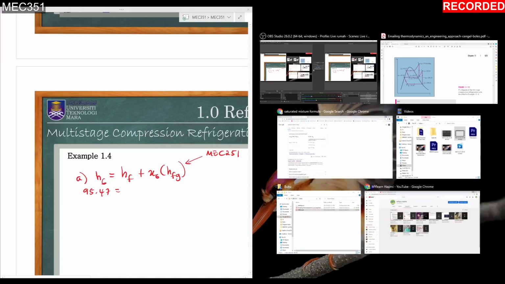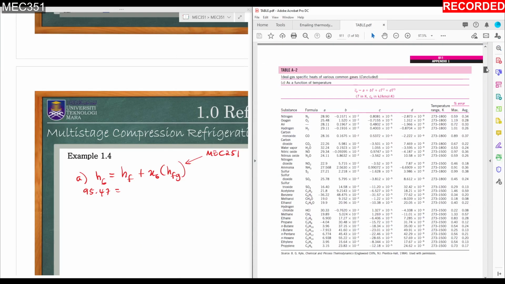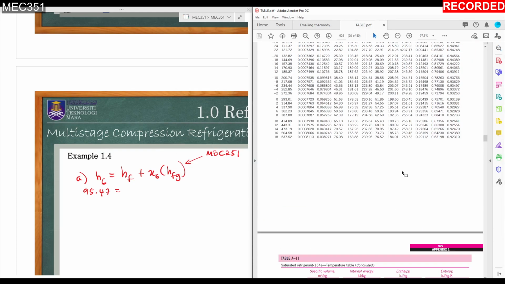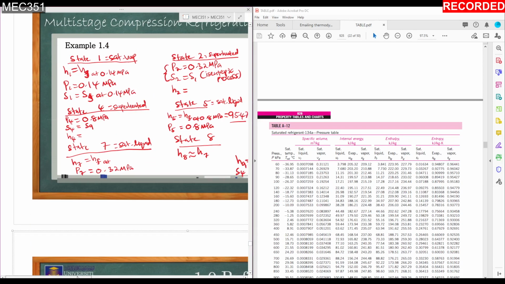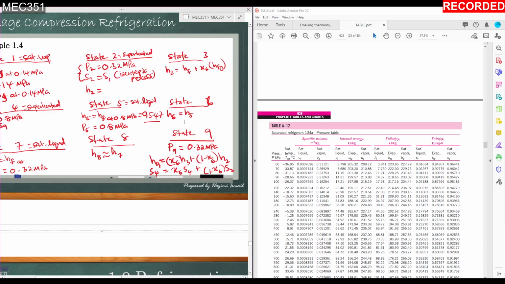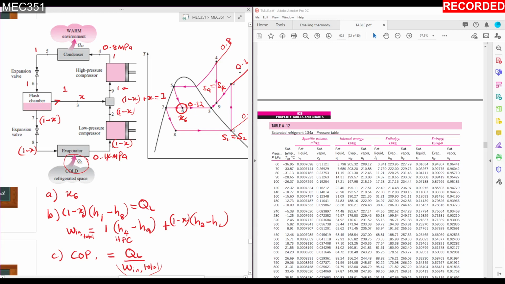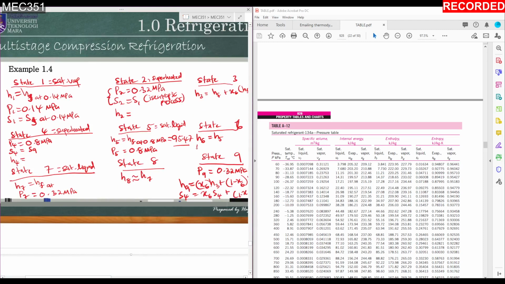Okay, let's look at the properties table. Refrigerant R11 and R12 for the pressure. Okay, state 6, the pressure at the state 6 is equal to 0.32. I forgot to put P6 equal to 0.32 MPa.